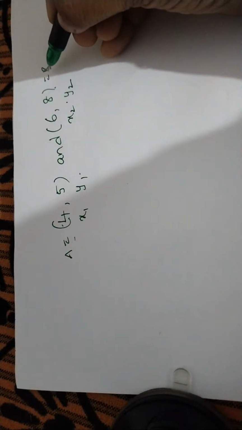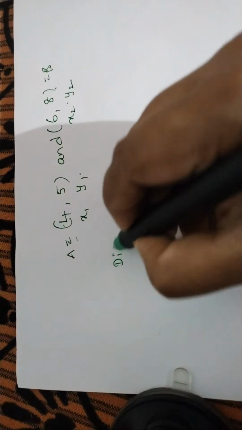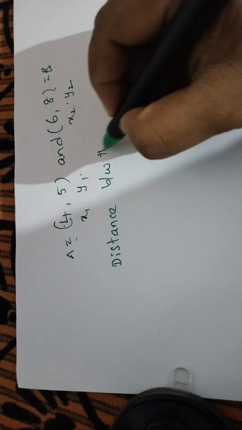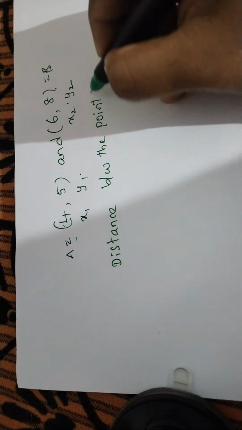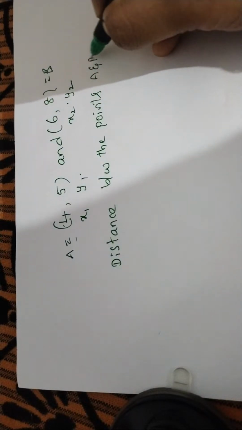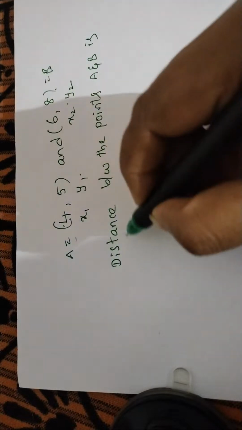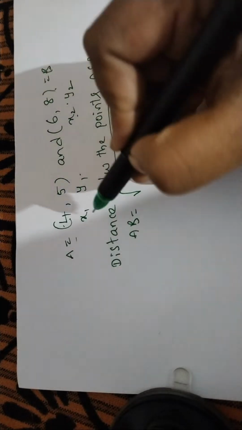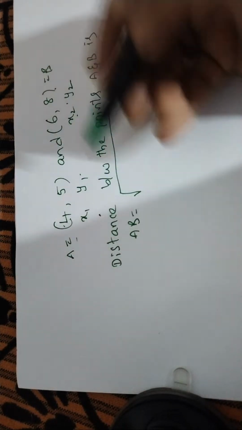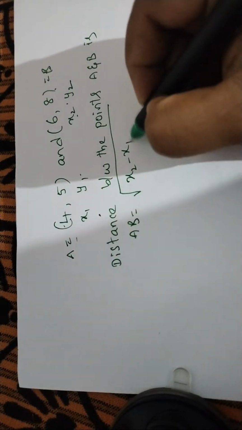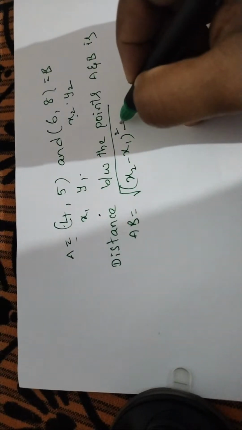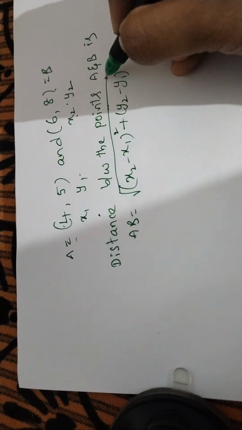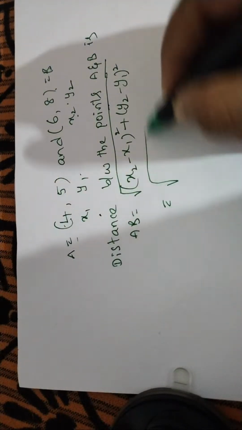Now the distance between the points A and B: AB is the square root of x2 minus x1 whole square plus y2 minus y1 whole square, as I told just before.